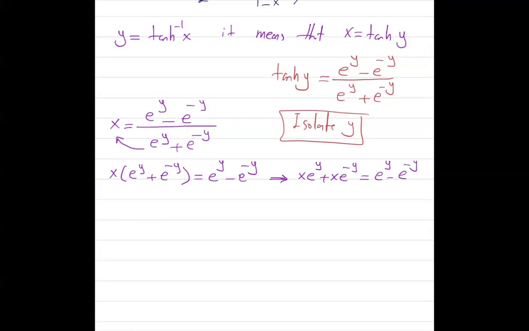What I'm going to do, I'm going to write all negative exponents with positive exponent. So I have x e to power y plus x over e to power y equals to e to power y minus 1 over e to power y. Take common denominator.